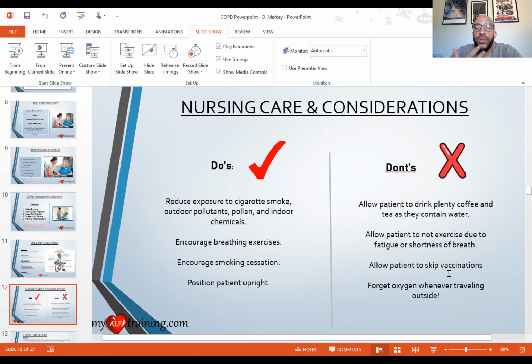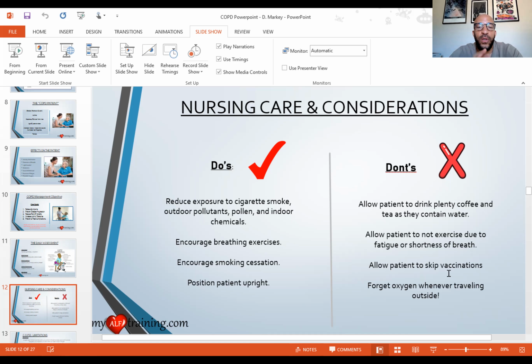What water is going to do, as you may already imagine, is eventually get into their bloodstream and thin the secretions that are coming in the lungs, so that they can expel them more readily, easier. So, drinking coffee and tea, those are good, but drinking water is the best. So, we want them drinking a lot of water, not just a lot of coffee and tea and telling us, oh, they have water in them. It's the same thing. No, it's not the same.